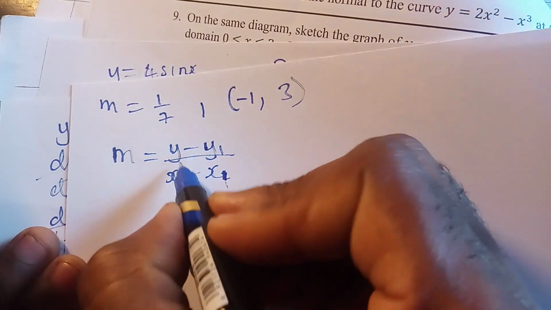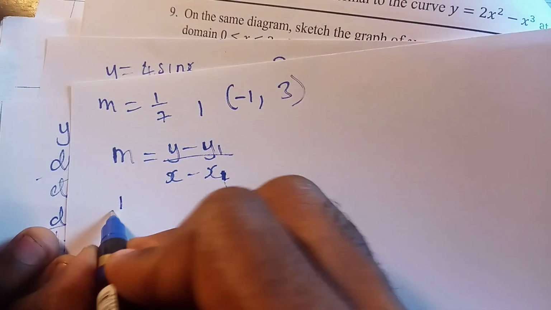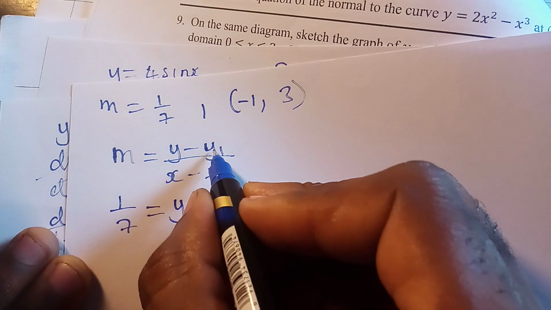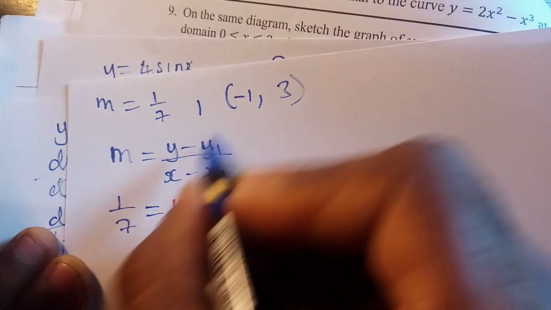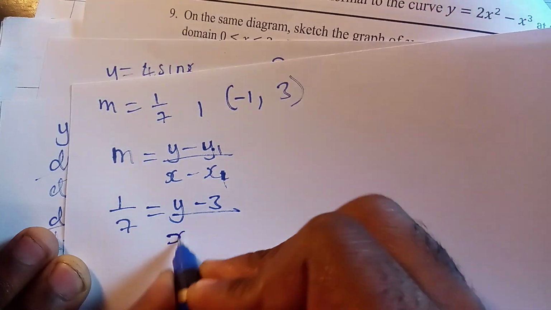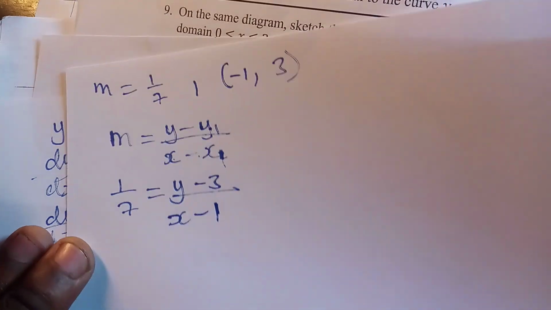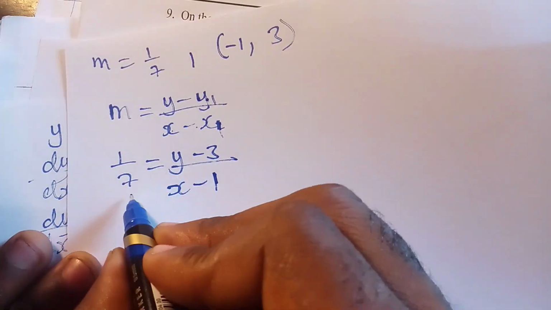If you want, you can still put your 2's there, but you don't need them. So this one will be 1/7 is equal to, you write your y, then your y1 will be a 3, then x is x, x1 is -1, then you can cross multiply to find the equation.